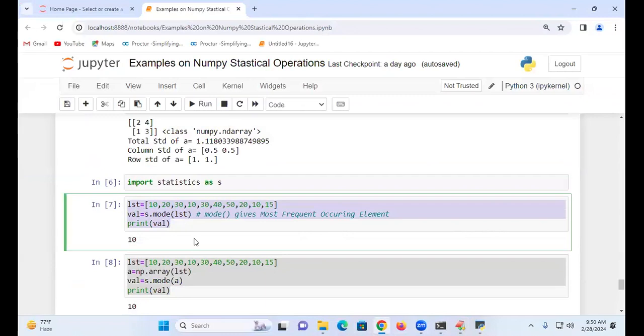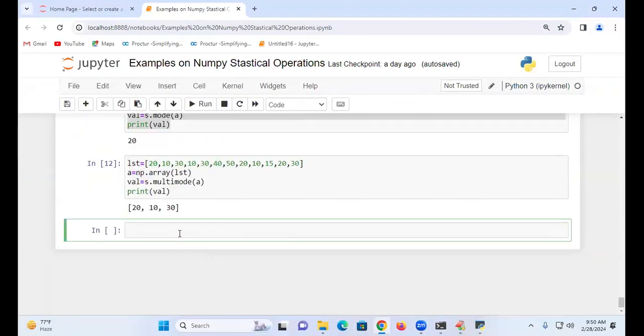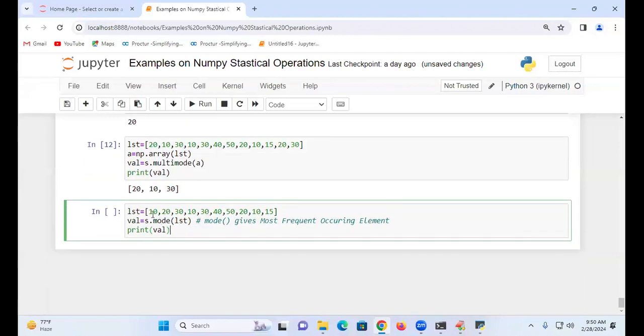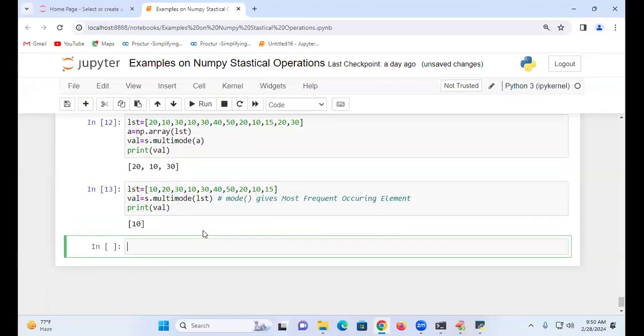Mode and multi-mode work the same way. The doubt is, if you ask how many times 10 is available, more times than anything, I will apply mode, no problem, 10 only will come. But the only difference is, mode will give you a scalar quantity.